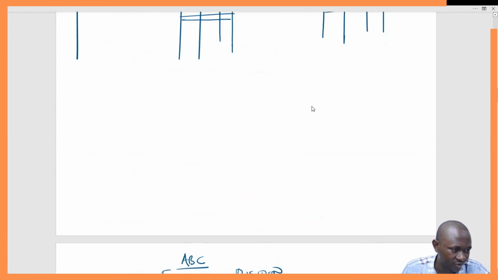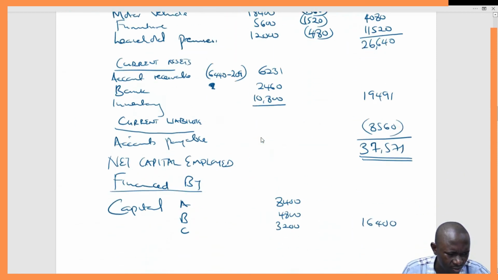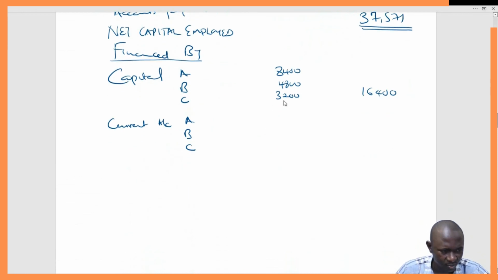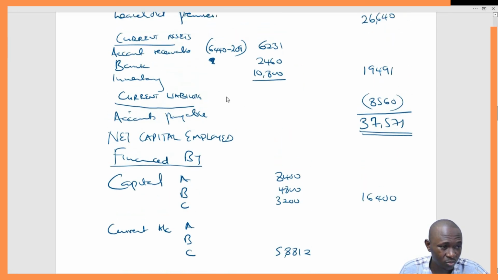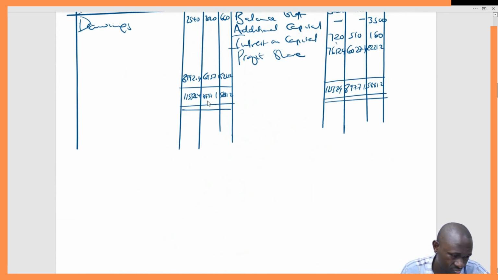Now we keep our fingers crossed. 5881.2. Let's start with that one. But even if it doesn't balance, so long as you've done your transactions well, they will mark the transaction.